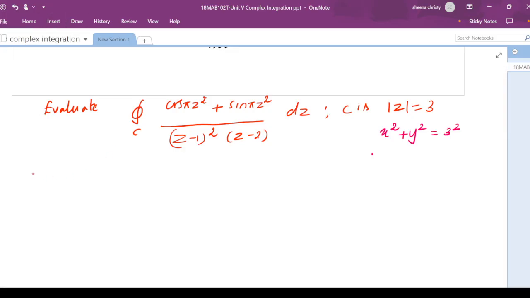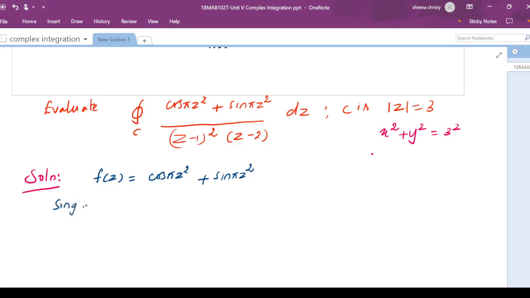Now see here, what is f of z? f of z equal to, let us take cos pi z square plus sin pi z square. Okay. How to get the singular points?